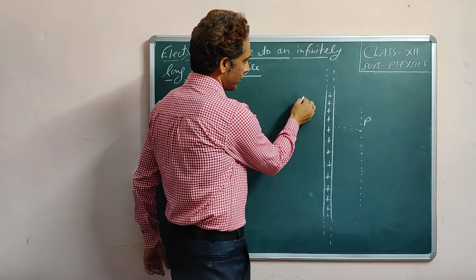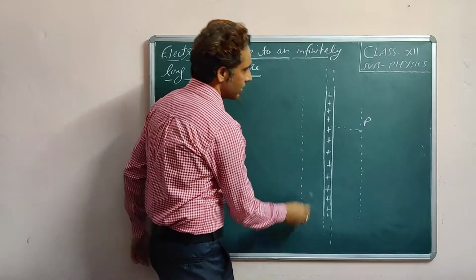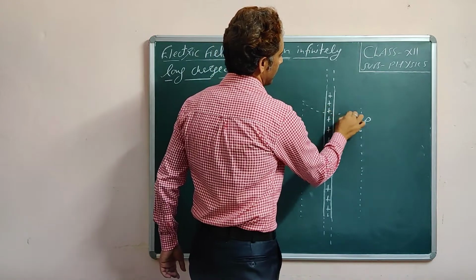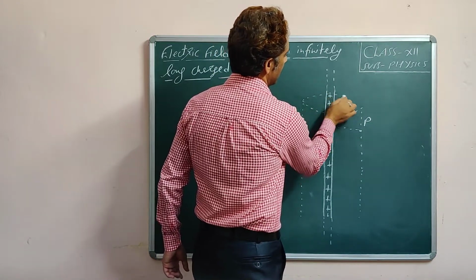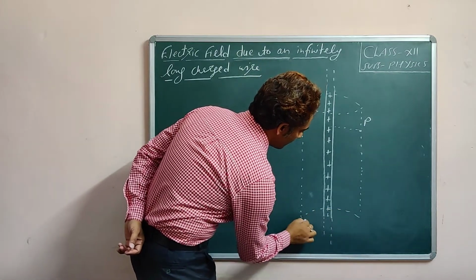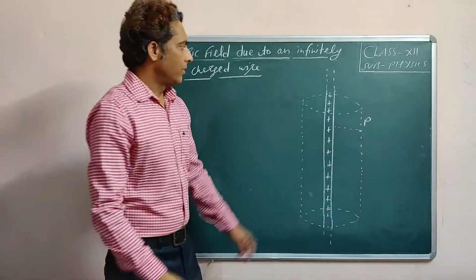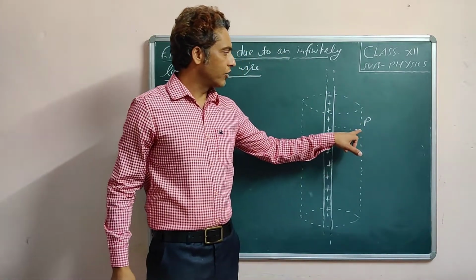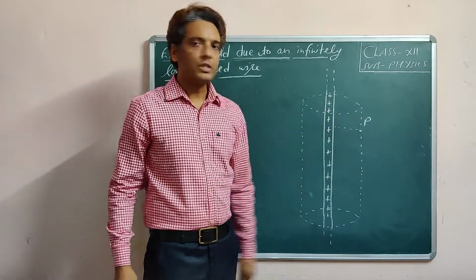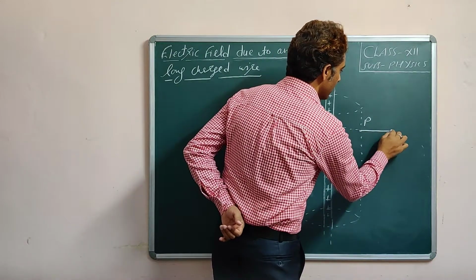So we draw a Gaussian surface around this wire. This Gaussian surface is cylindrical in shape. Now if you see the direction of electric field intensity at this point due to this charged wire is outward.